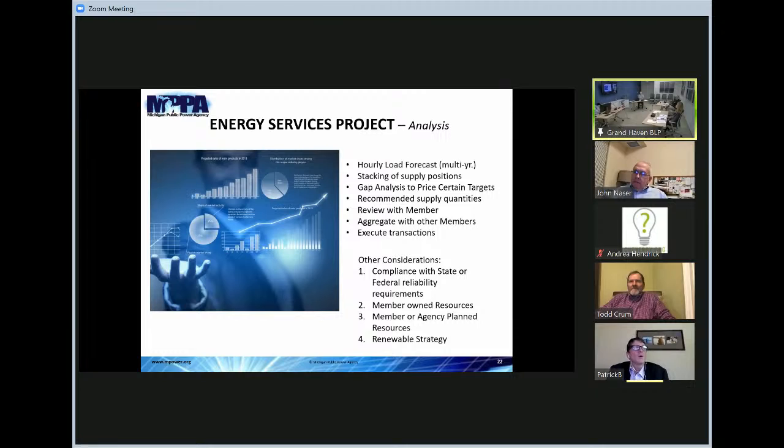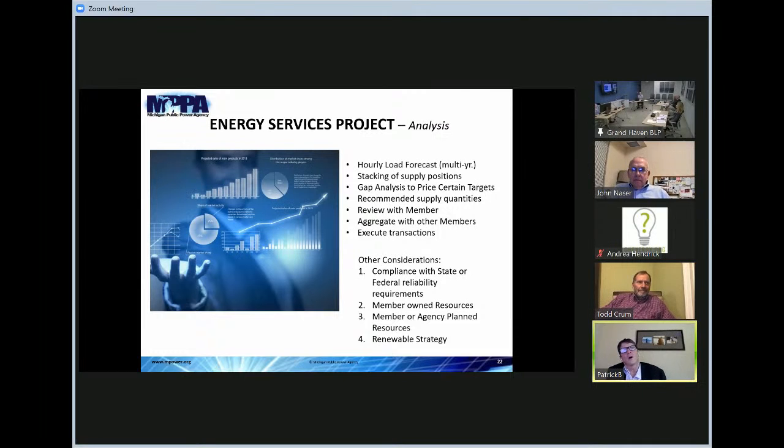Well, probably the simplest way to describe it is every power supply resource produces electricity differently. So you can't really just say, one costs $40 a megawatt hour and the other one costs $38, so procure or invest in the resource that is producing electricity at $38, because that resource may be generating all of its electricity during off-peak hours or seasonally off-peak.